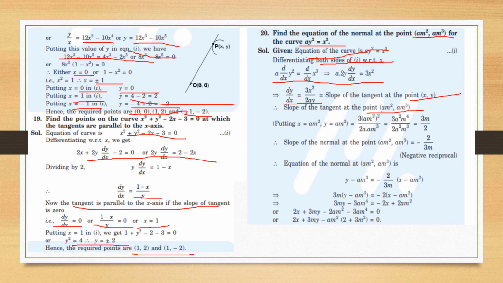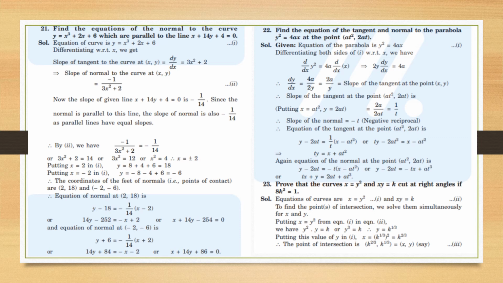So it becomes 3(am²)² upon 2a into am³. So it becomes 3m by 2. And the slope of normal will be the negative reciprocal, so it is minus 2 by 3m. So the equation of normal will be y minus y1 equal to m times, this m I will use, (x minus x1). And on solving, it is 2x plus 3my minus am²(2 plus 3m²) equal to 0.